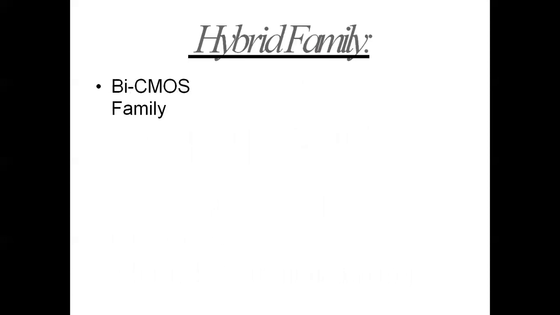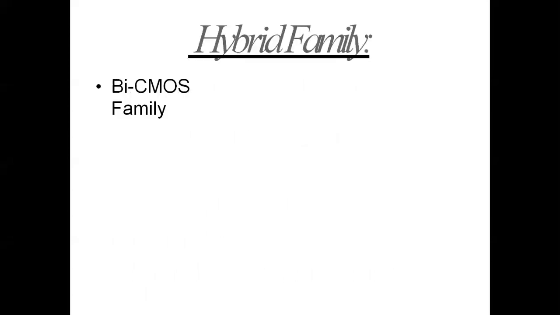Next one is hybrid families, that is BiCMOS. These all are basically a classification of logic families, in which we can say digital ICs are divided into bipolar and unipolar. Bipolar is separated into saturated and unsaturated.